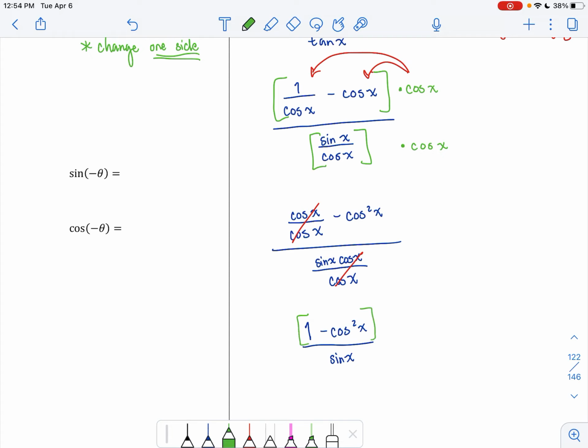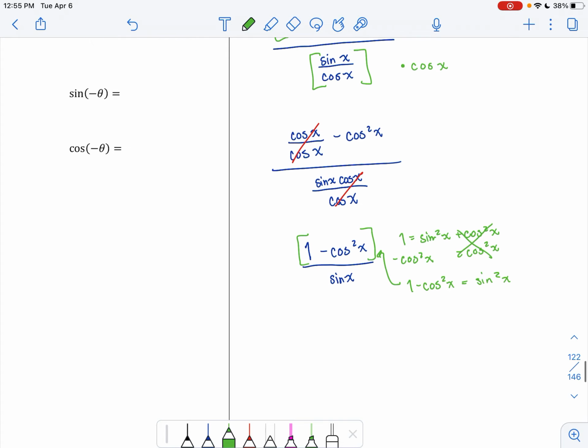Now, here's something that we haven't seen before, 1 minus cosine squared. But what we do know is that 1 is equal to sine squared plus cosine squared. This is one of our identities. If I subtract cosine squared from both sides, I end up with 1 minus cosine squared, which is the same as what I have here, and I can replace it with what's left, which is sine squared.